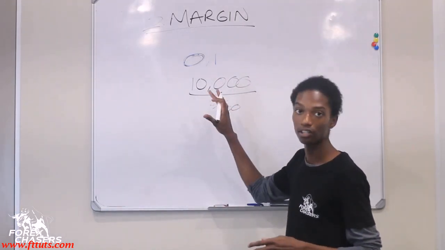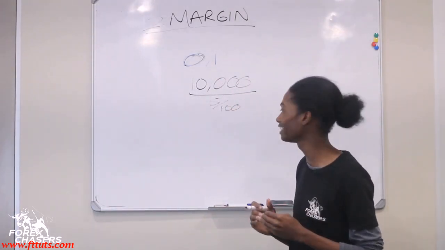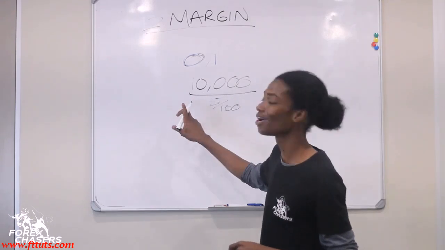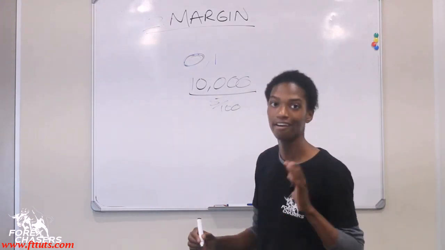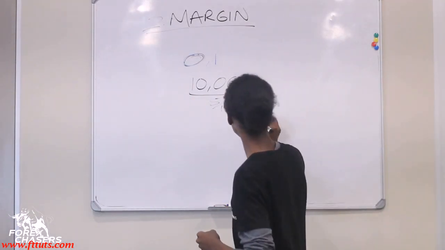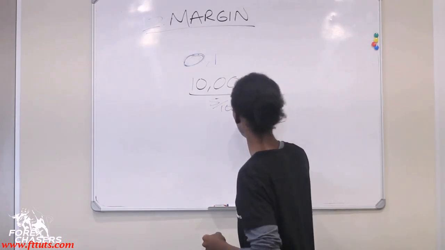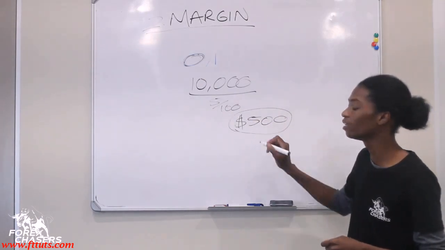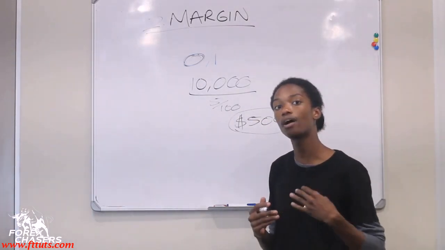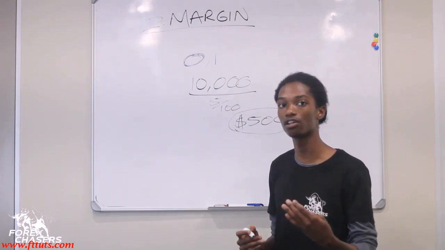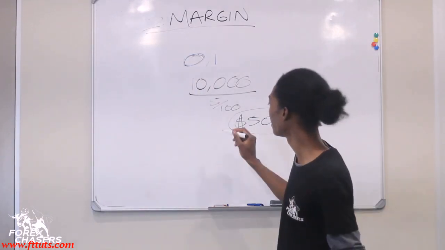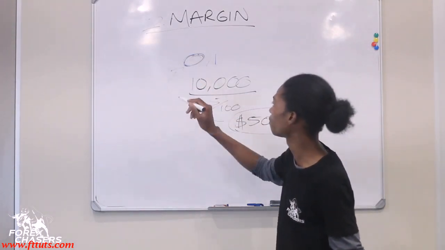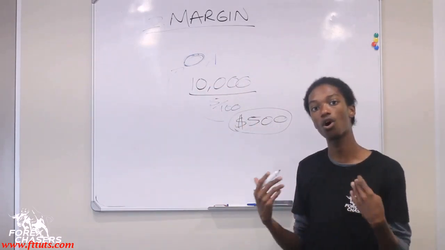We're not going to go so deep into the mathematics, guys, but basically 5% of 10,000 would be 500 bucks. So your broker would require you to put up $500 for you to have this position at 0.10 lots open.